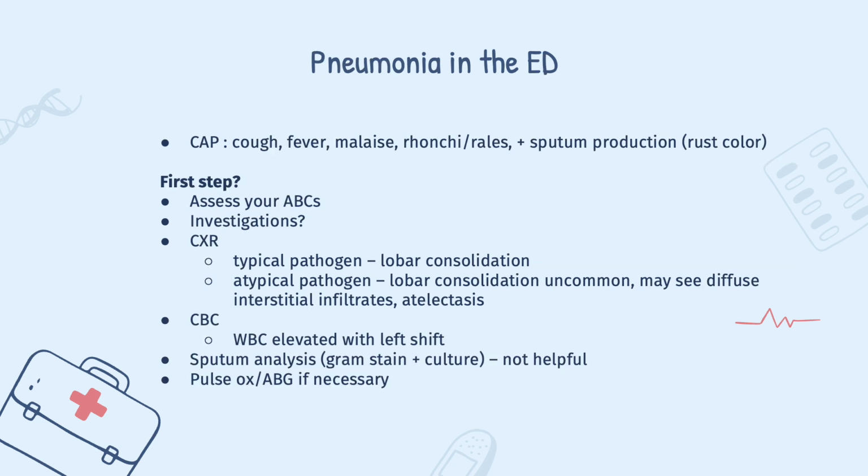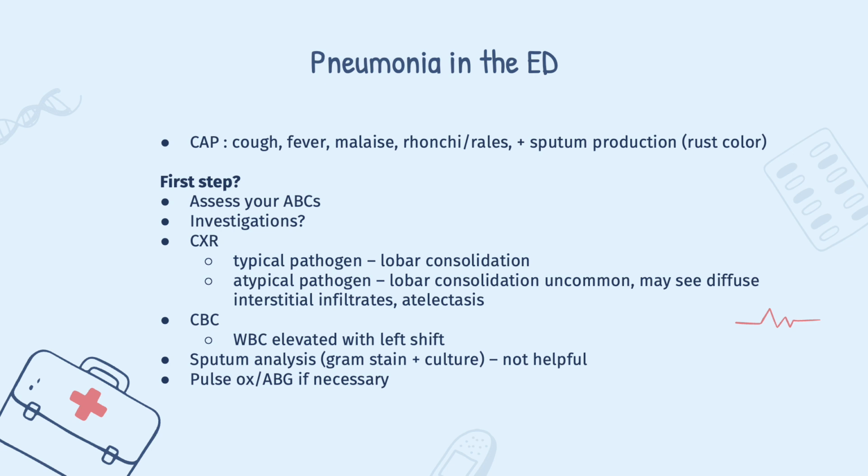So our pneumonia patients in the emergency department are presenting with cough, fever, malaise, rales, rhonchi, and may have positive sputum production. So our first steps, again, it's going to be our ABCs, our physical exam. So our patient may be tachypneic, tachycardic from the fever. They could be hypoxic.